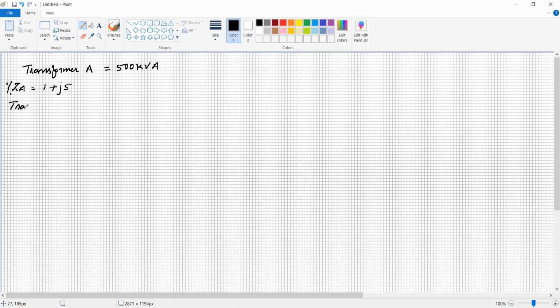Transformer B is 250 kVA, and percentage impedance ZB is equal to 1.5 plus J4. The secondary voltage of each transformer is 400 volts.